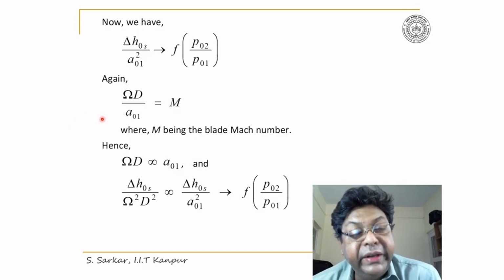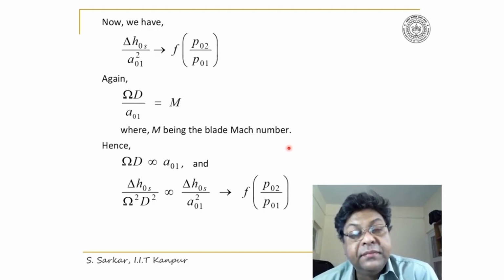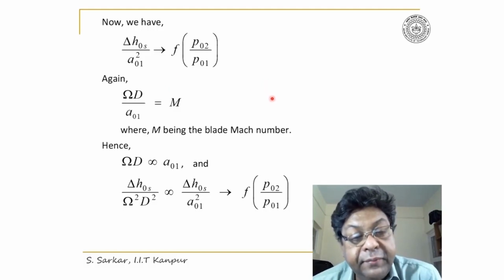Again, omega d divided by A01 can be expressed as M, where M is the blade Mach number, as omega d is proportional to the blade speed.